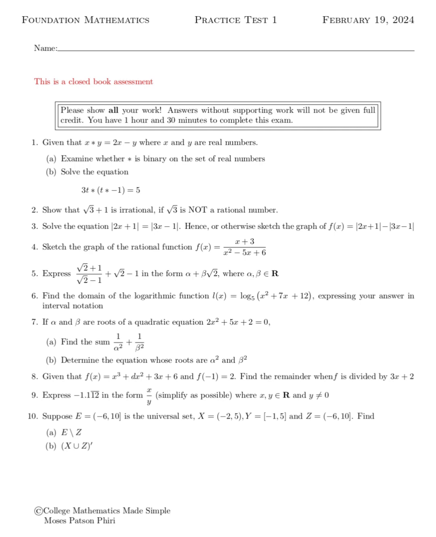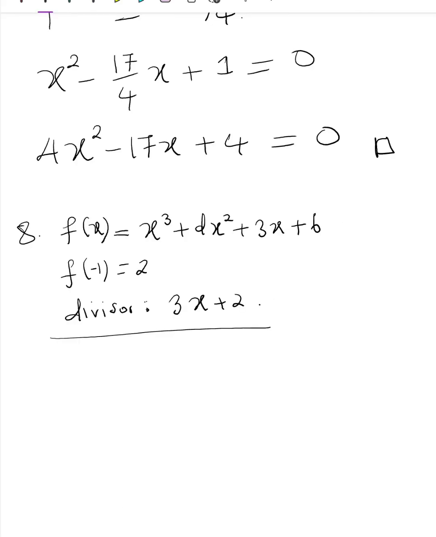and f of negative 1 is equal to 2, find the remainder when f is divided by 3x plus 2. So this question typically uses the remainder theorem.